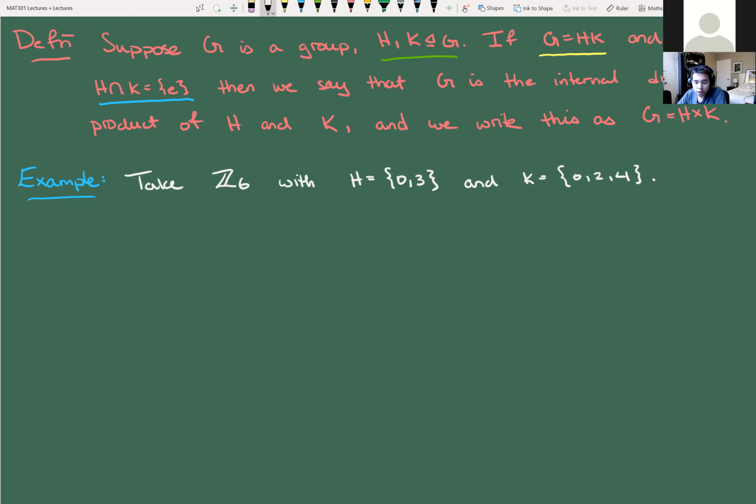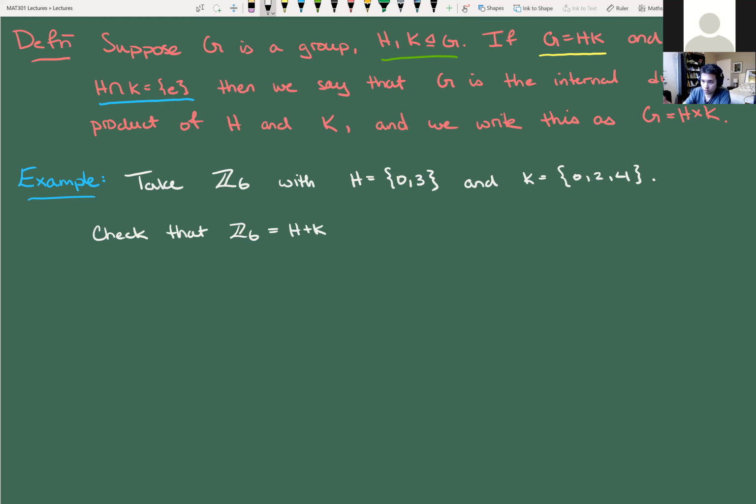Okay, so the group operation here again is addition, and you should convince yourself, it's not too hard, to just look at these two things and say, oh yeah, I can get every element of Z6 by adding something in H to something in K. So I'm going to say check. I don't want to say clearly, but check that Z6 is H plus K. And again, here I'm just going to use the plus sign.